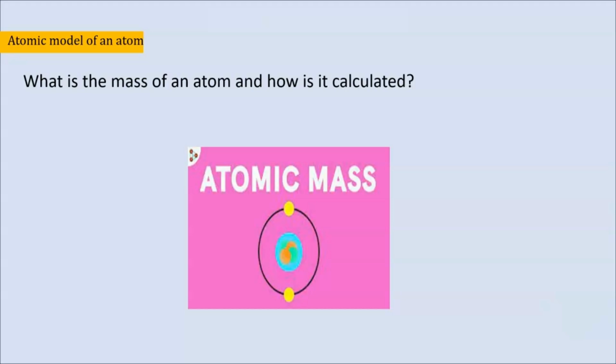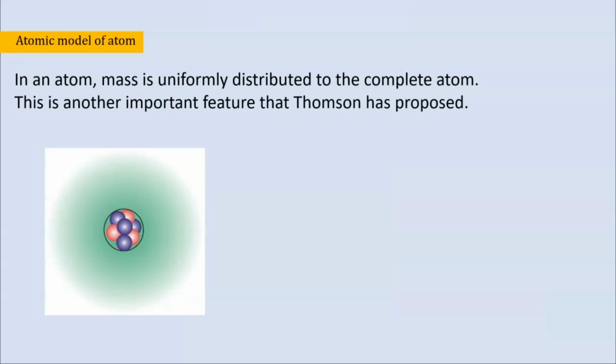So what is the mass of an atom, and how is it calculated? Mainly, for any object you take, the mass will be present in the center. Now, as there are positive charges in the nucleus center, and we are saying these positive charges are uniformly distributed in the atom, that means the mass is calculated for the complete atom, right?